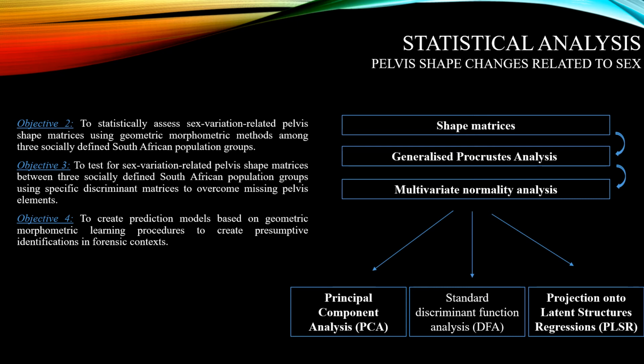Standard discriminant function analysis will also be applied for classification purposes. The classification accuracy will be estimated by conducting a leave-one-out cross-validation. Finally, projection onto latent structures would be used in this study to extract information for the prediction model and to select those linear combinations relevant for explaining the predictor variable, maximizing covariation between predictors, shape matrices, and the response sex variable.